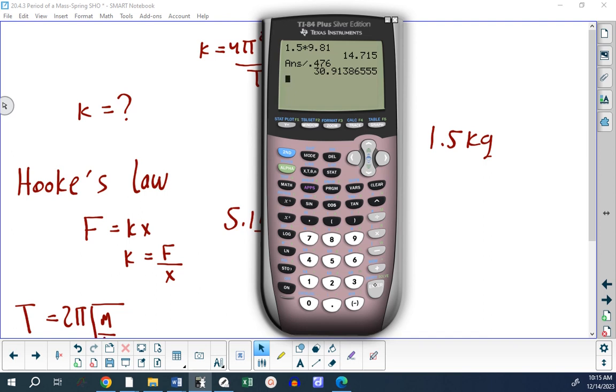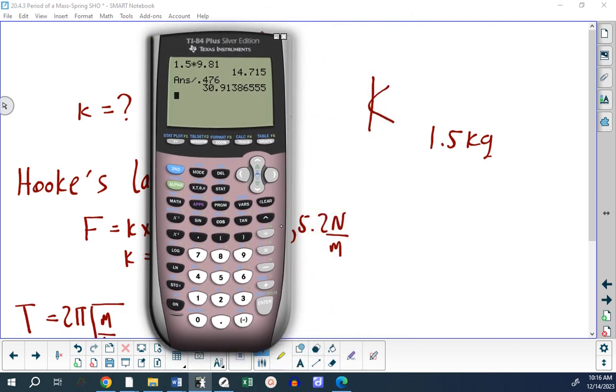I got 5.7 seconds for 5 oscillations. 5.77. Let's call it 5.7. Divided by 5 gives 1.14. So the period is 1.14 seconds.